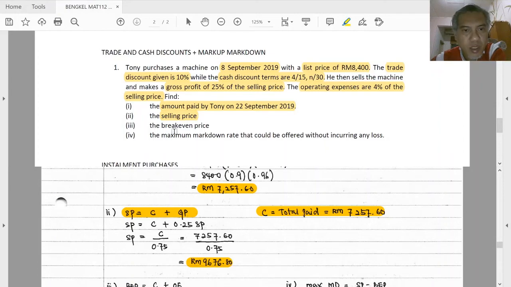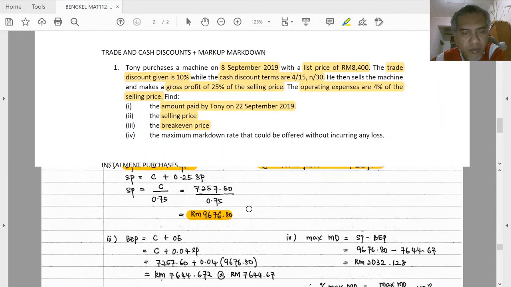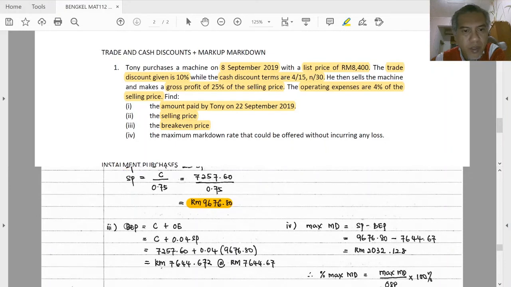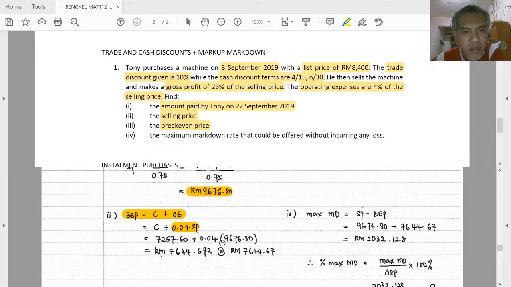The third one is to find the break-even price. You can find the break-even price by using the formula C plus OE, the cost plus the operating expenses. It is known earlier that the operating expenses is 0.04 SP, so just C plus 0.04 SP.